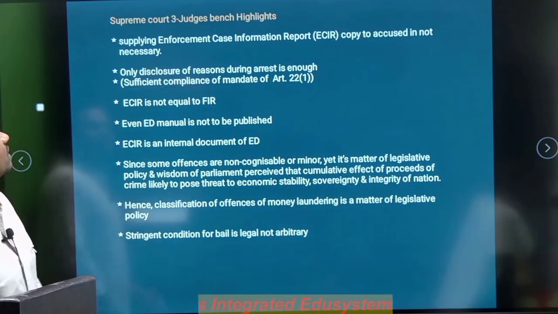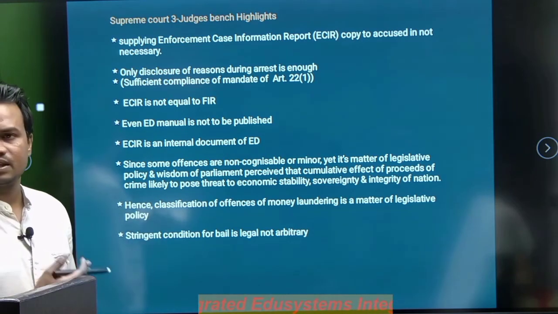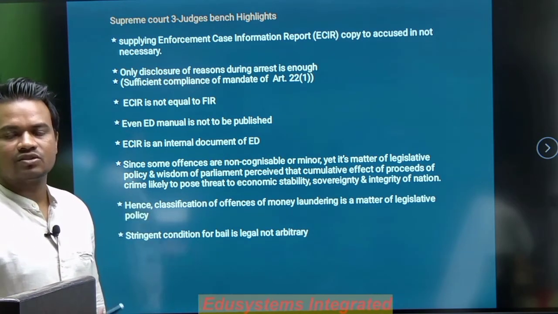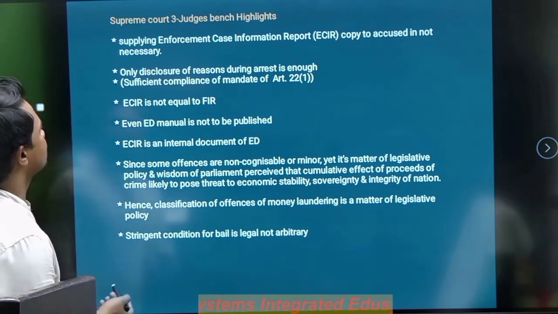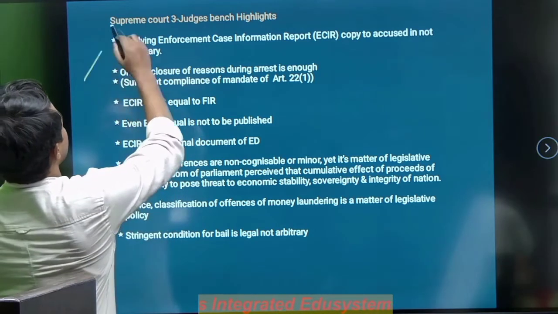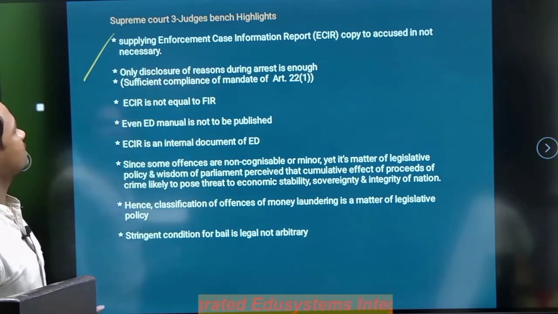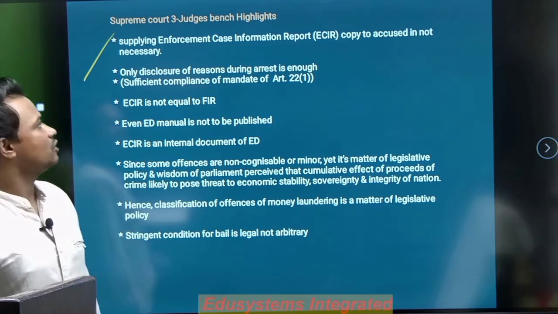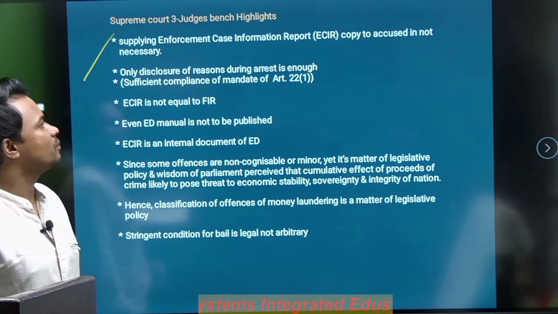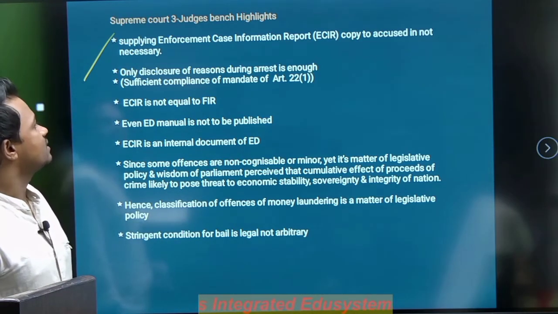Now the Supreme Court three-judge bench again highlighted some of the issues while authoring this judgment regarding provisions of the PMLA 2002 Act. And the first is that supplying the Enforcement Case Information Report copy to the accused is not necessary.